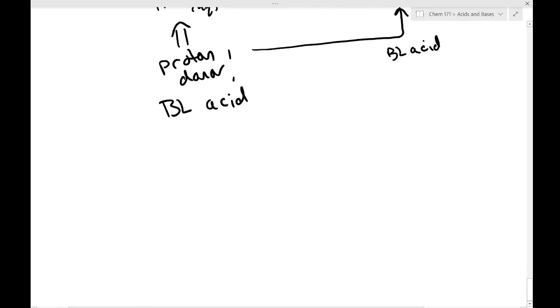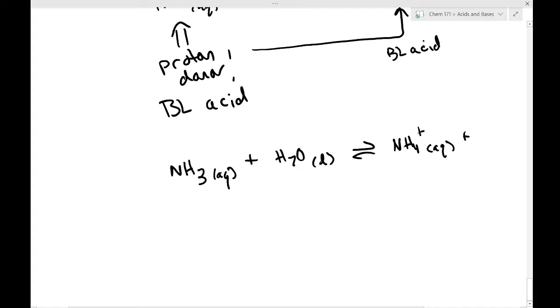For another example, let's look at something that's a base. For example, ammonia, NH3, when it's dissolved in water, can react with water to form, actually let's go ahead and make this a double way arrow because this is an equilibrium reaction, to form ammonium, NH4 plus aqueous, and OH minus aqueous.